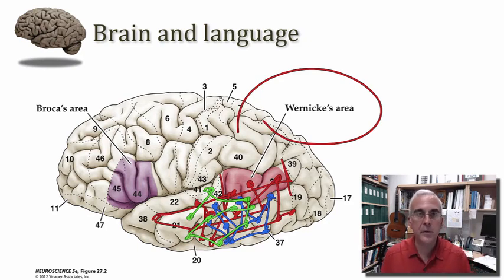So in my view, and I think this is the view of the neurosurgeons that actually map out these regions in the human brain, there's unlikely to be a single region that is consistently localized in every human brain that we can label as Wernicke's area.